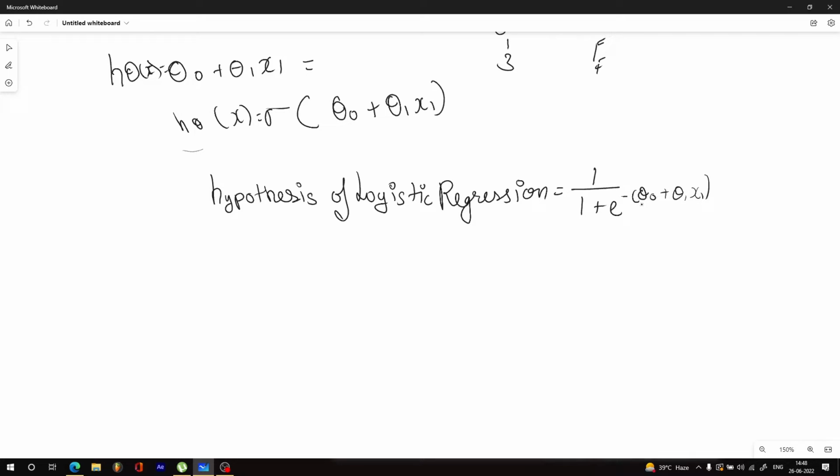Got it? Pretty simple, right? This is how the hypothesis looks for logistic regression.